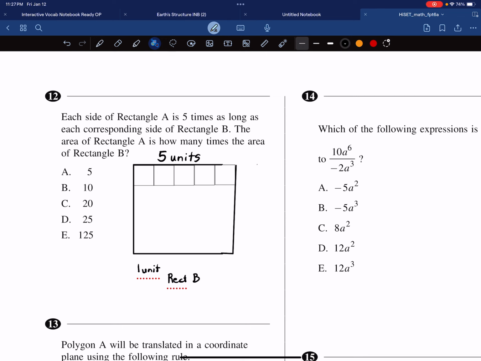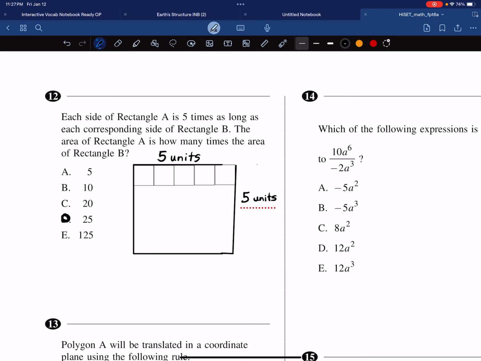Okay. So once I put the rest of those little boxes in there, what would I have? If it's a square and it's 5 units across and it's 5 units down, what is 5 times 5? How many of those little squares would it take to fill that space?